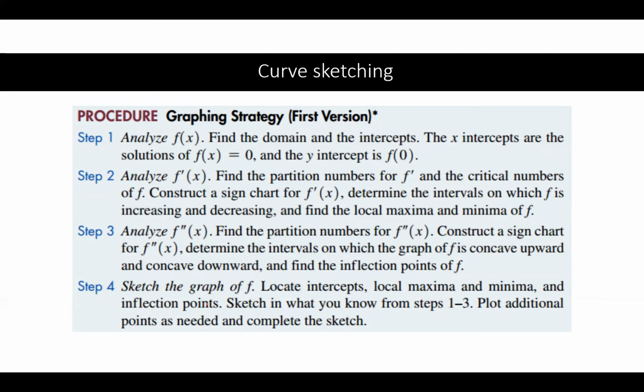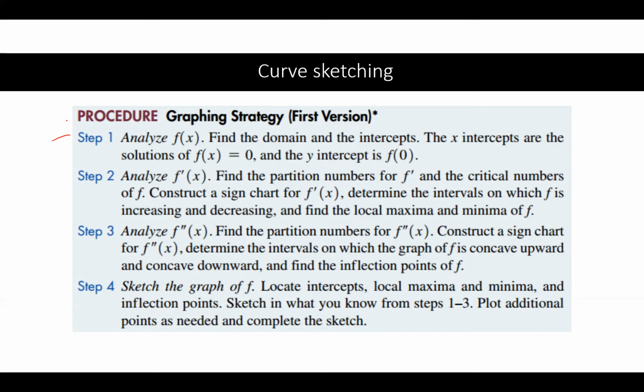So this is the portion about graphing strategies. Essentially, it revolves around finding the interesting and helpful points for us to use. We divide the interesting points at different levels. At the first level, we have the original function f of x.